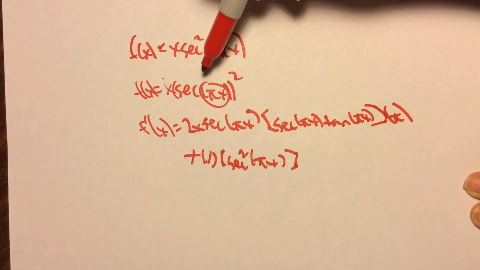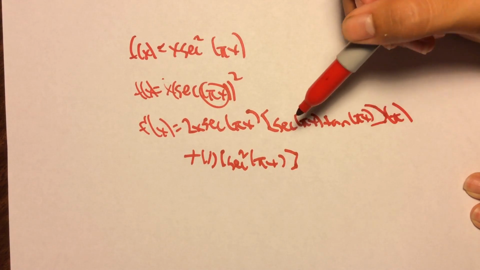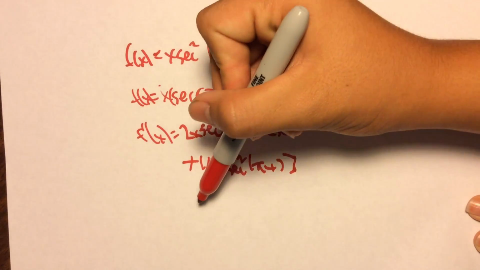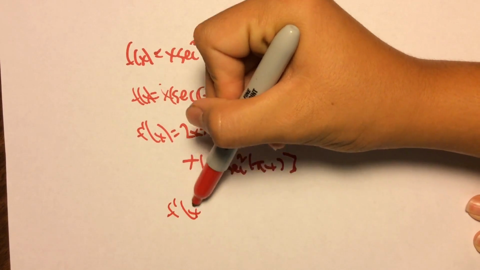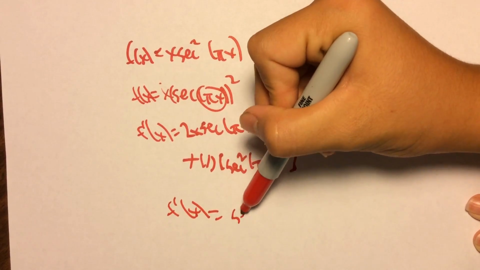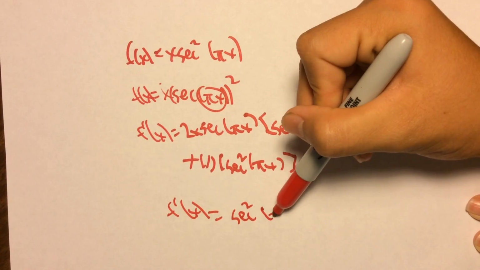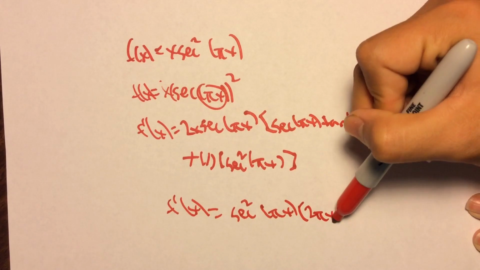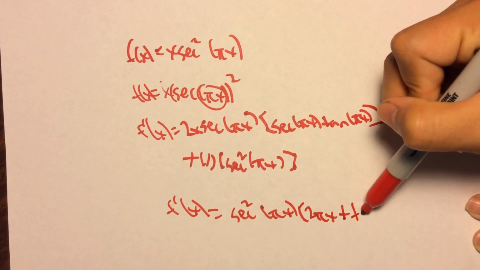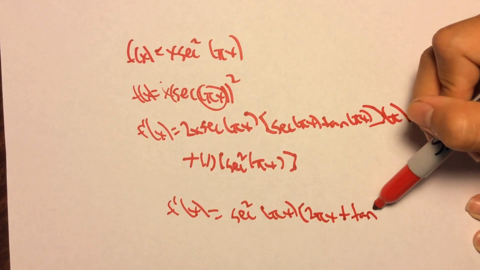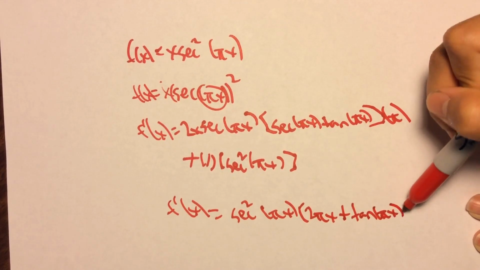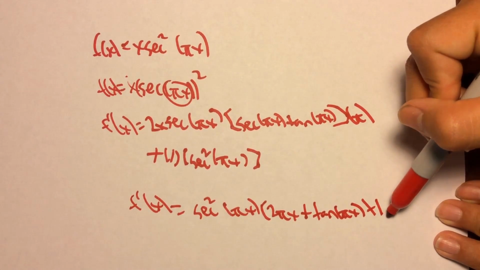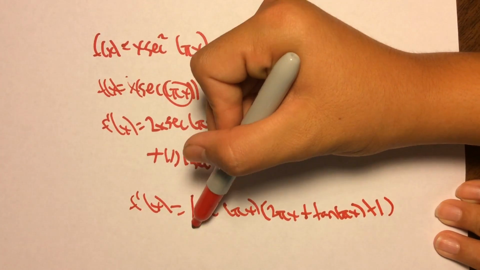So that would just be 1 times this. To simplify, we can take out a secant squared of pi x. So this is our final answer.